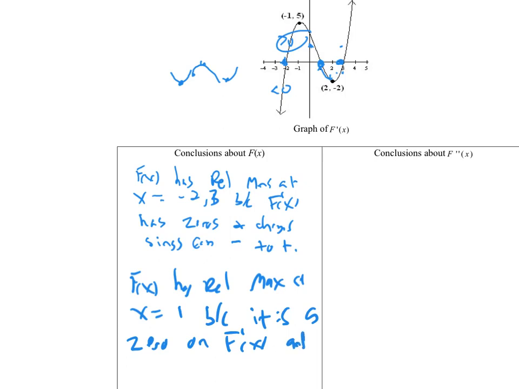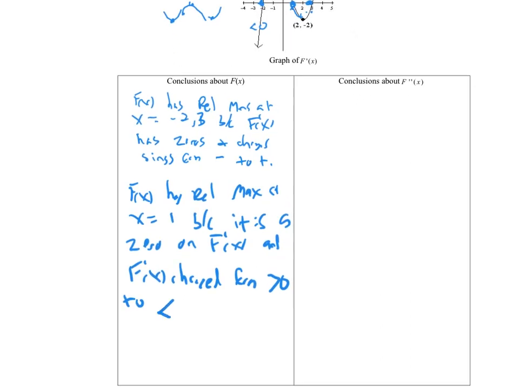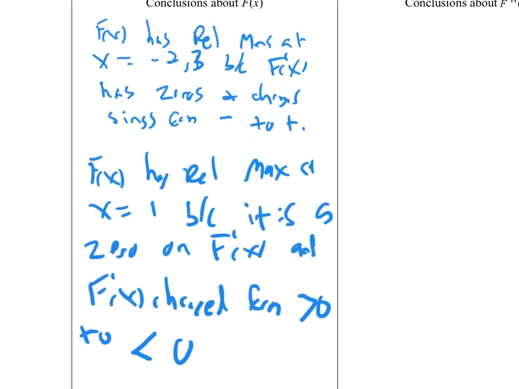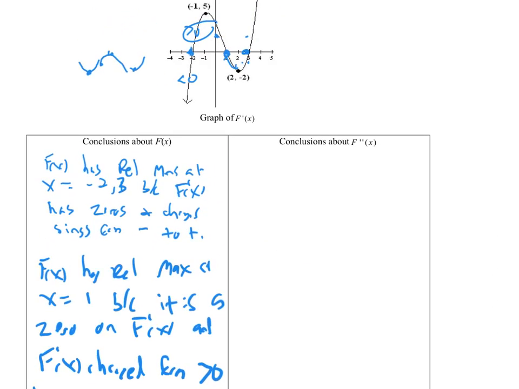That just means it's an extrema, but I can say it's a max because f prime of x changed from greater than 0 to less than 0. That means from above the axis to below the axis, whereas the minimums went from below the axis to above the axis.